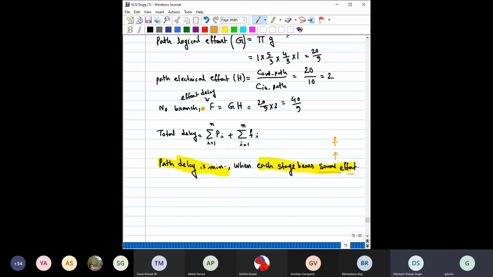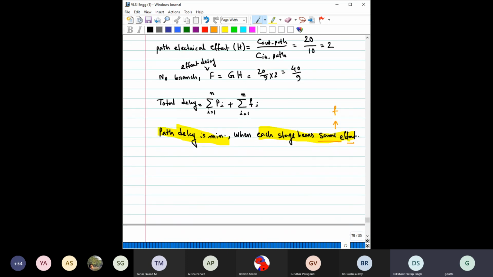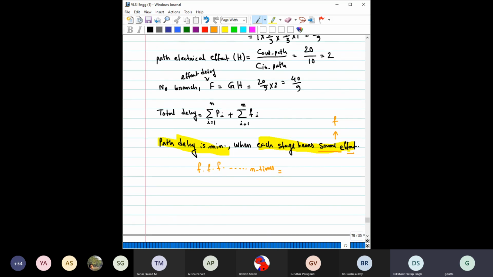And how many stages does it have? Say n stages. Then we can write f times f, dot dot dot, n times, and that would be equal to the total capital F, the path effort delay.